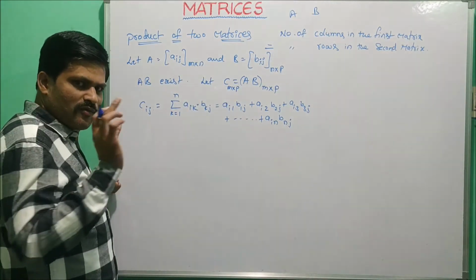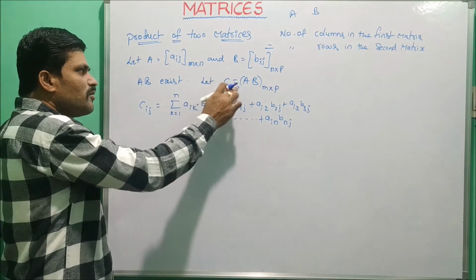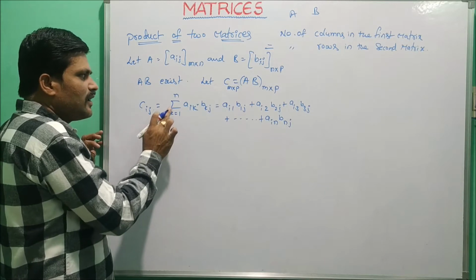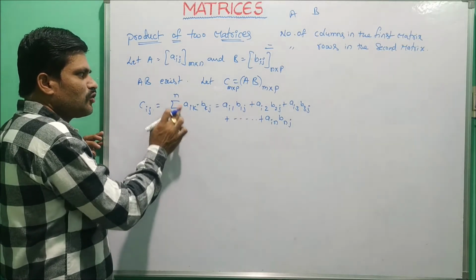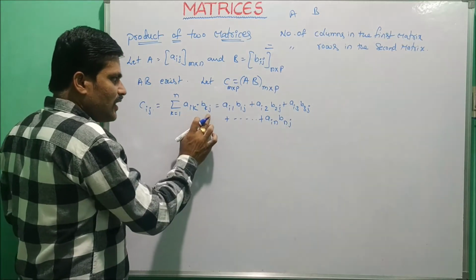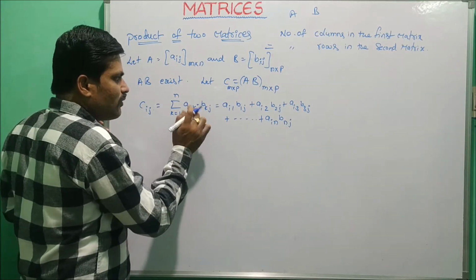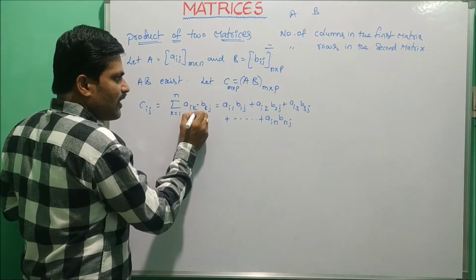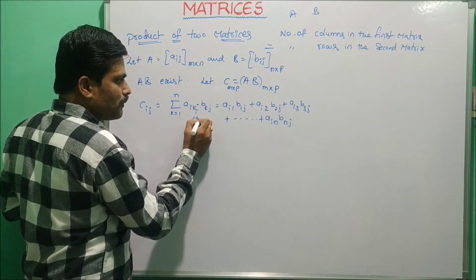First of all, observe that in the new matrix C the element Cij is denoted by the summation, k equals 1 to n, of Aik into Bkj. Clearly we observe the position of Aik: k denotes the column.